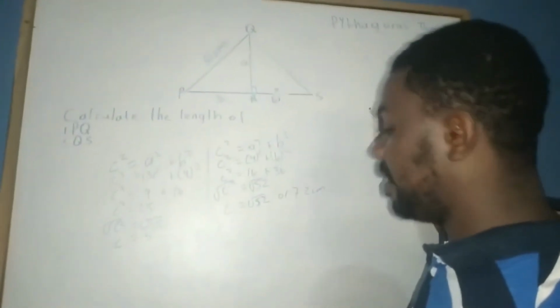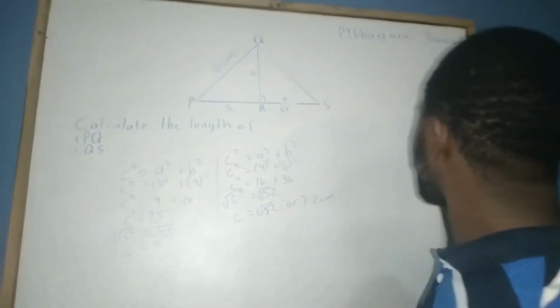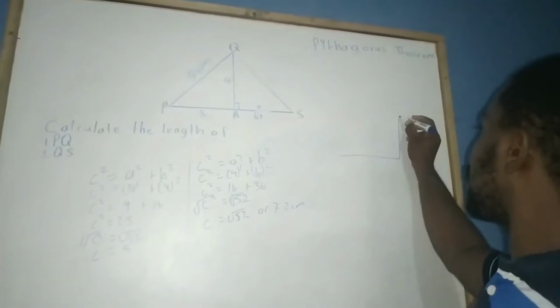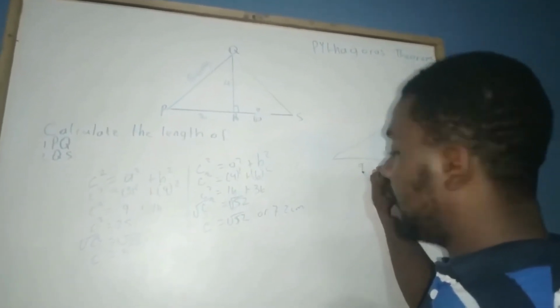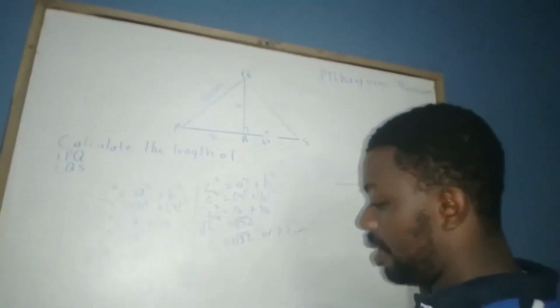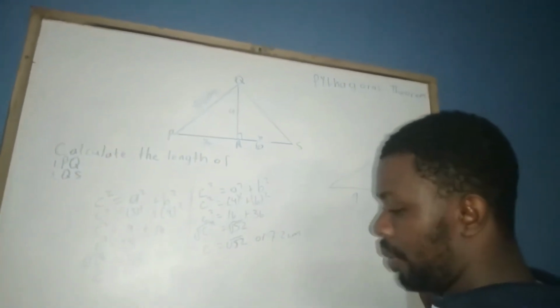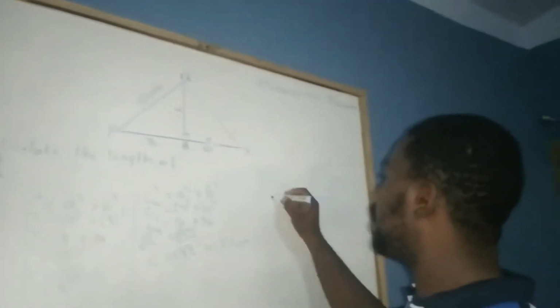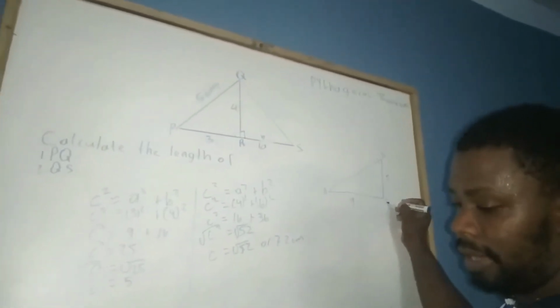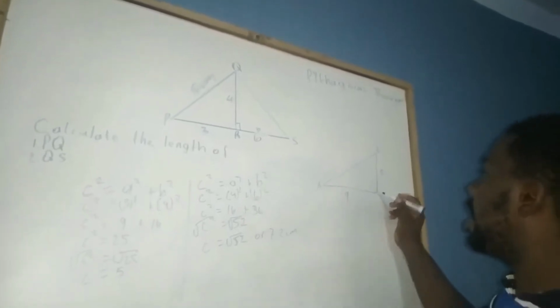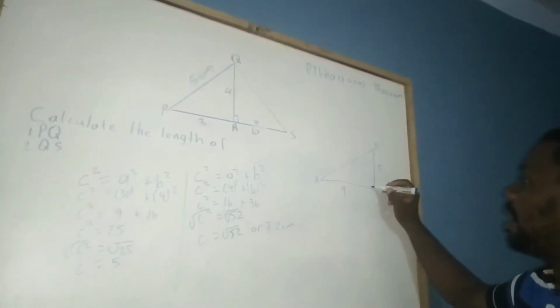Here we have a single triangle, and this measurement is 9, and this measurement is 5. We're going to name the triangle A, B, and C. These are not the sides, these are just the angles.